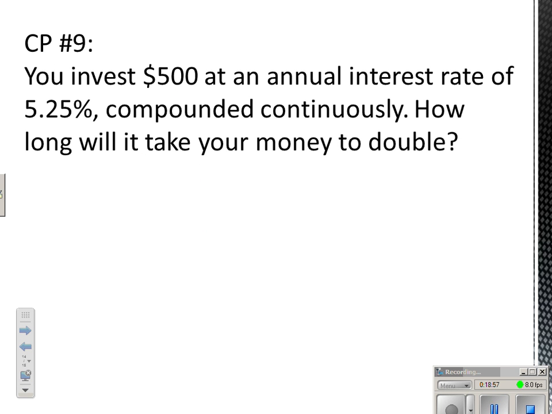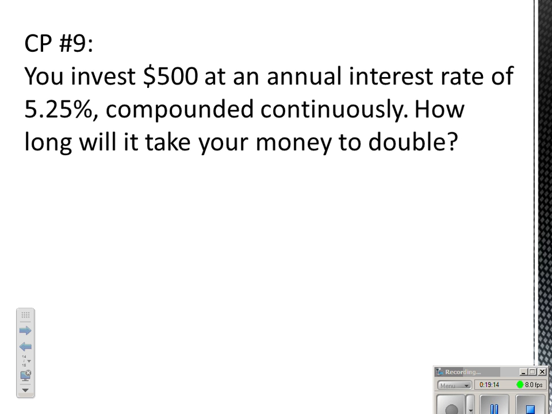Checkpoint number 9. You invest $500 at an annual interest rate of 5.25%, compounded continuously. How long will it take your money to double? So we're into word problem land here.